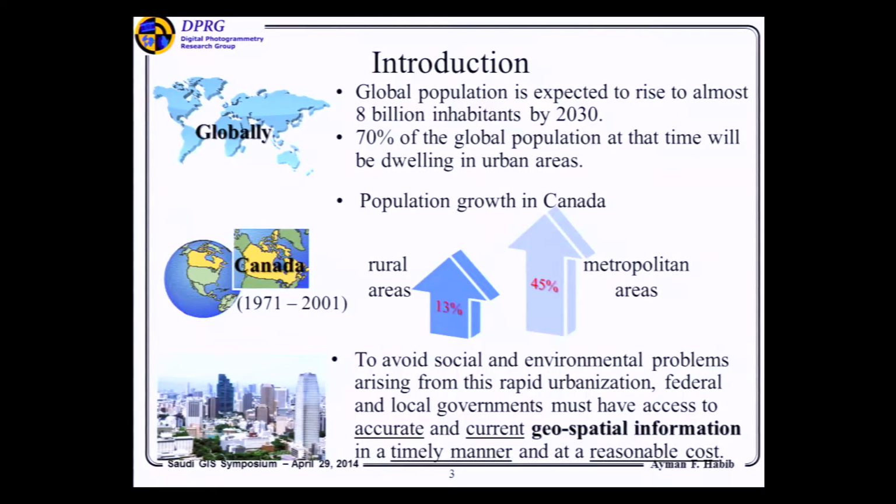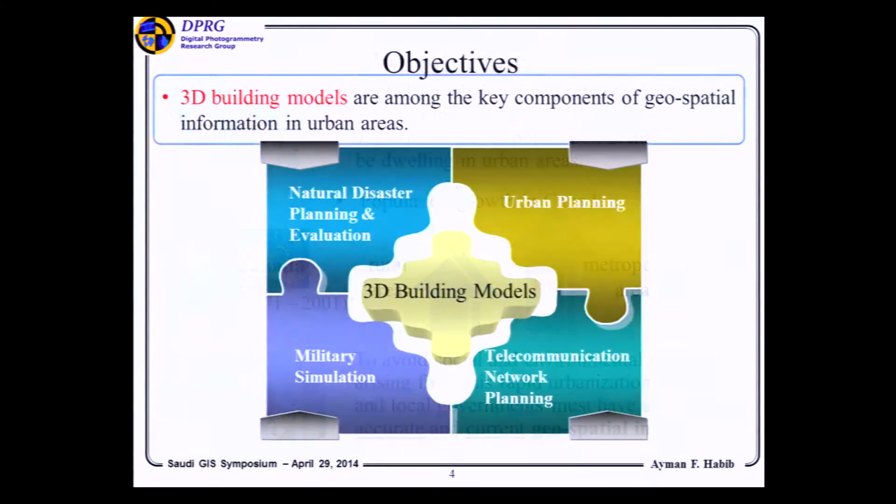So in order to have a controlled growth and avoid the social and environmental issues from uncontrolled urban growth, the decision makers should have good, accurate, current geospatial information to help them make informed decisions. When you look at urban environments, one can argue that the most important features in an urban environment are the buildings.